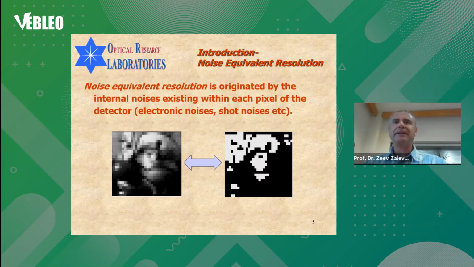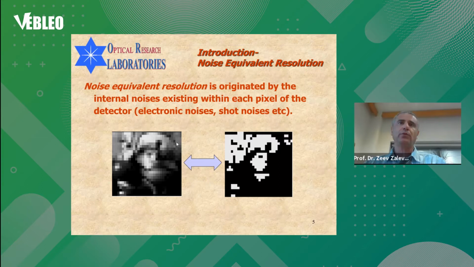Or how many bits of quantization we can allocate to the information of the intensity that is arriving at each and every pixel. The fewer quantization bits we have, the lower will be the quality and the resolution of the image that we capture. And therefore, the dynamic range of the sensor is very important to better represent the image that we capture.